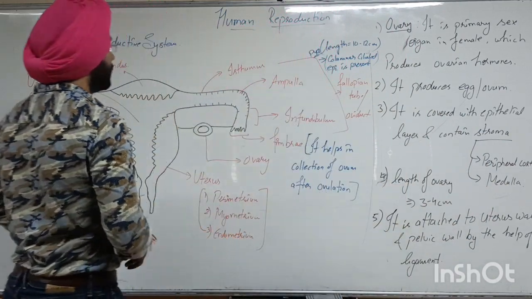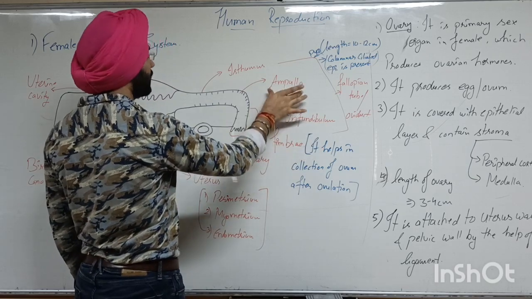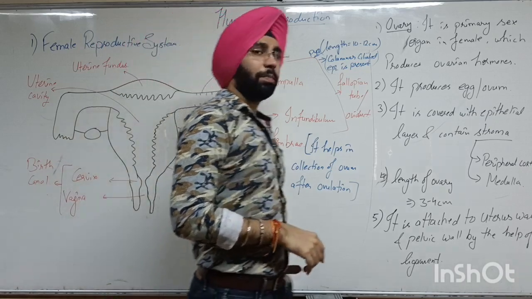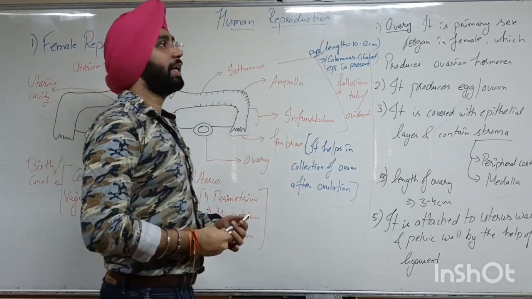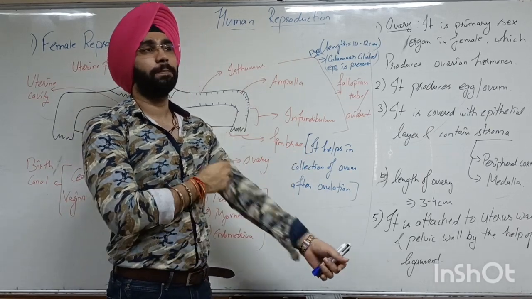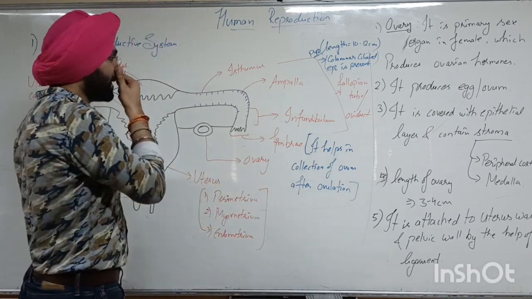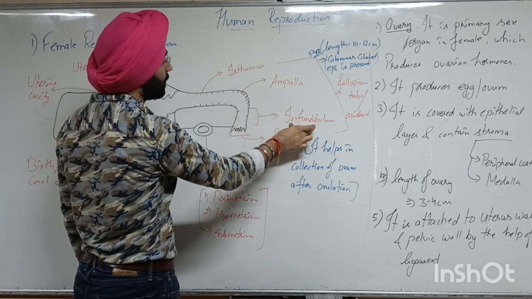So there are three parts of the fallopian tube. First is the infundibulum, which is this part, then the ampulla, and this is the isthmus part. In the previous NCERT, the edition from about 10 years ago, it used to say fertilization happens at the ampullary isthmic junction.